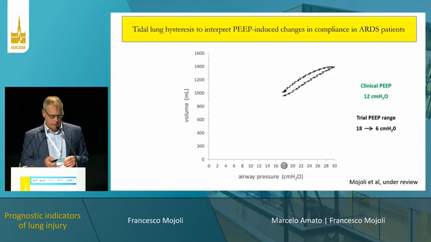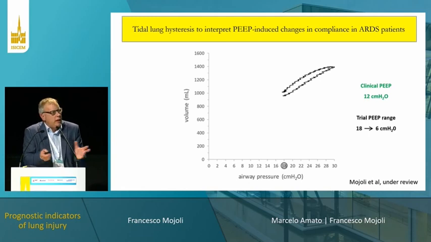I'm going to the last slides. This is just an example of what we can do at the bedside. It's a decremental PEEP trial in an ARDS patient, where we tested PEEP levels from 18, a very high level, down to 6. And this is the pressure volume loop performed at each step. Very small hysteresis with 18 of PEEP.